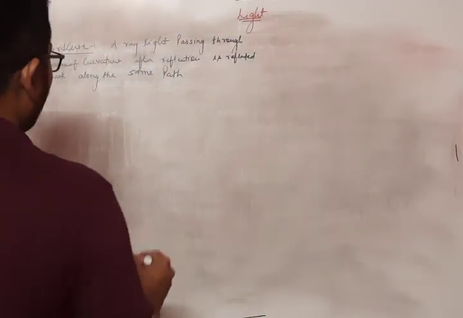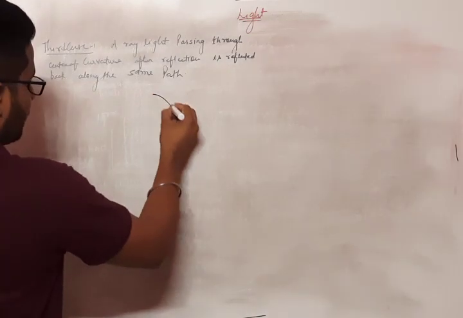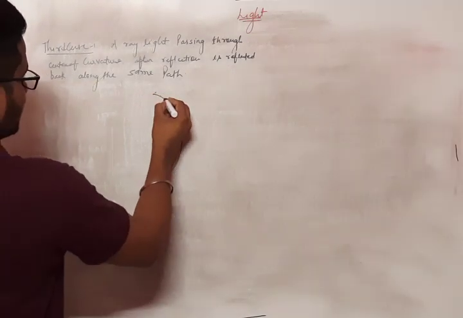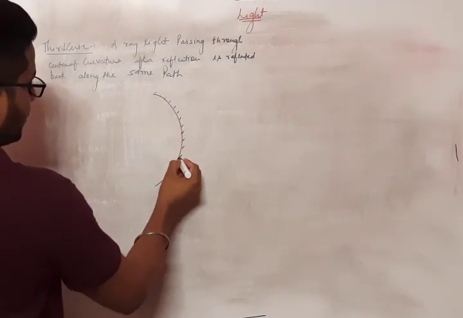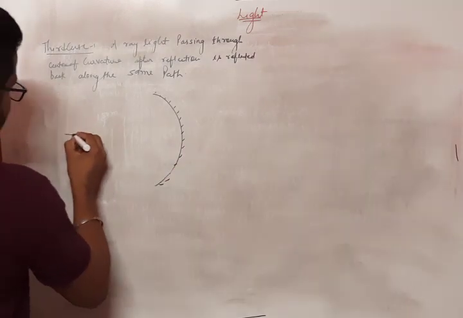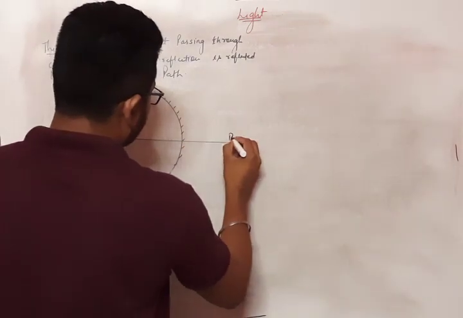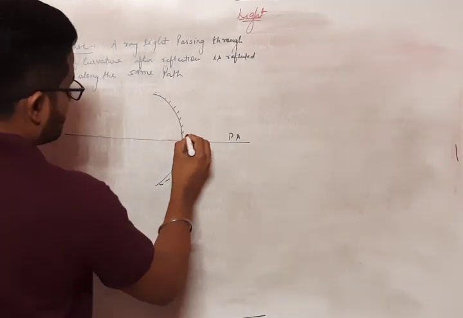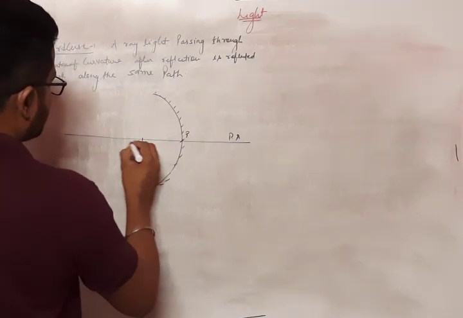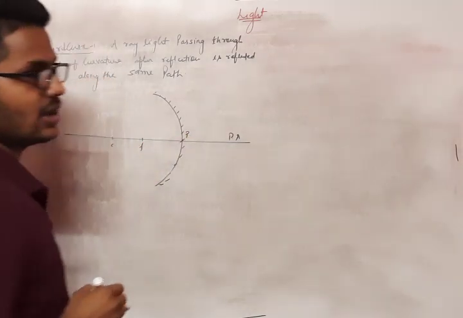So first of all, draw a concave mirror. This is the concave mirror and this is the principal axis, this is the pole, this is the focus and this is the center of curvature.